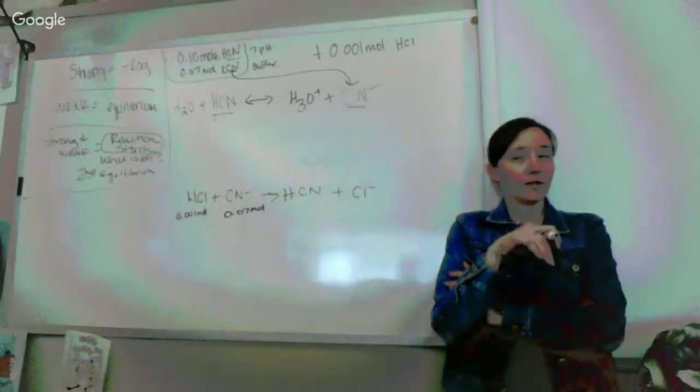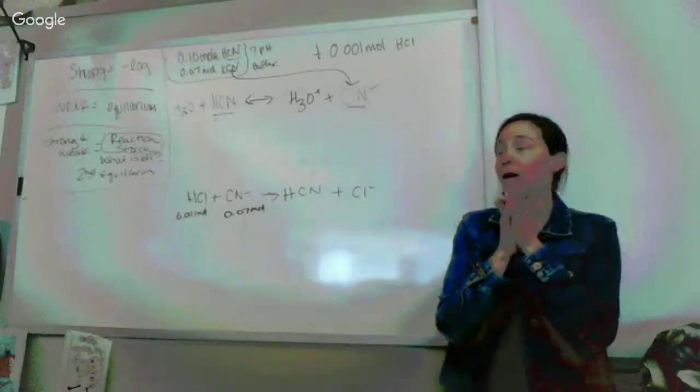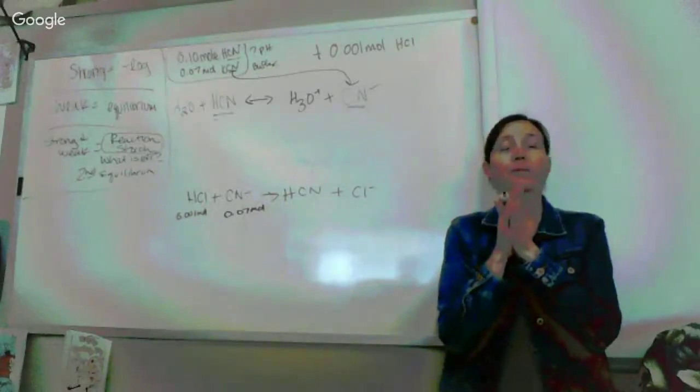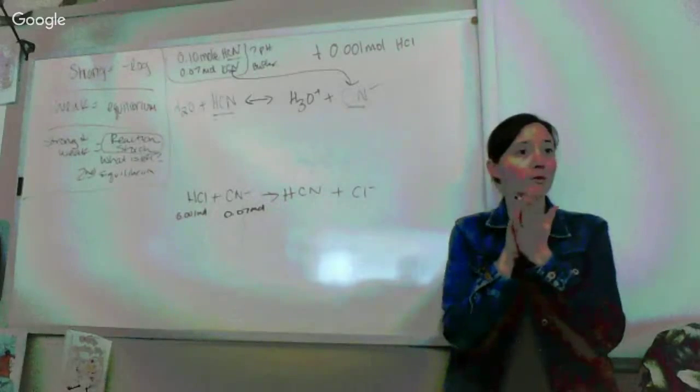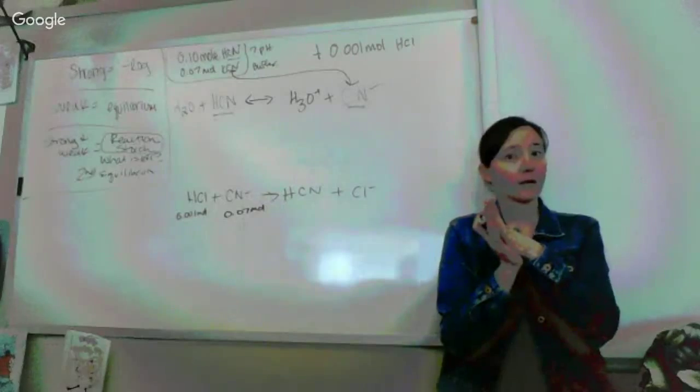Dropped in our HCl. And so they're going to have a reaction where they come together, and my HCl is going to react with as much CN minus as it can. Since I only have 0.001 moles of HCl, that's as much CN minus as I'll be able to react.